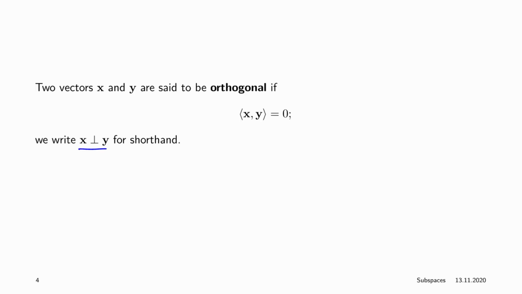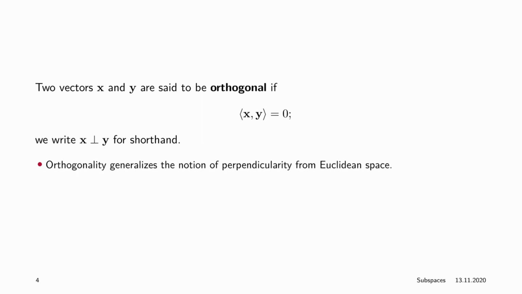Two vectors x and y are said to be orthogonal if their inner product equals 0. In this case, we also write a shorthand sign for orthogonality. Now this generalizes the notion of perpendicularity that we know from Euclidean vectors.